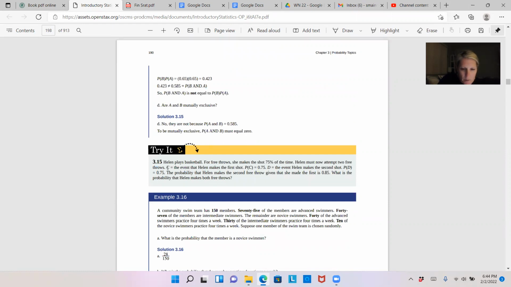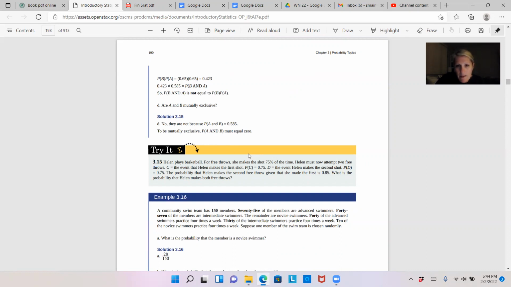Try-it 3.15 says, Helen plays basketball. For free throws, she makes the shot 75% of the time. Helen must now attempt 2 free throws. C is the event that Helen makes the first shot. P of C is 0.75.